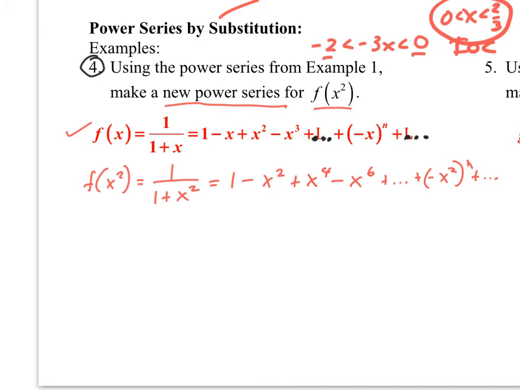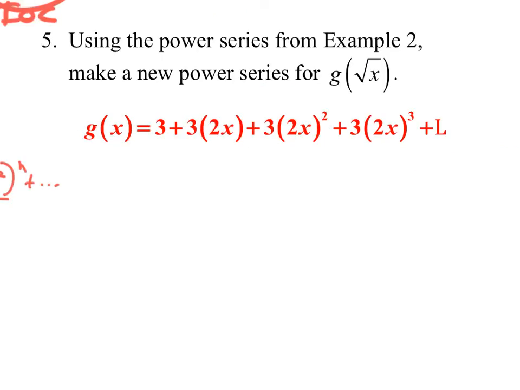If I want to put this into a sum as well, we can go n equal to 0 to infinity. This is my rule here now, so this would be negative 1 to the n times x to the 2n, and that would also represent this new power series. This is what we're looking at more so because we're going to be integrating and taking the derivative of it later.